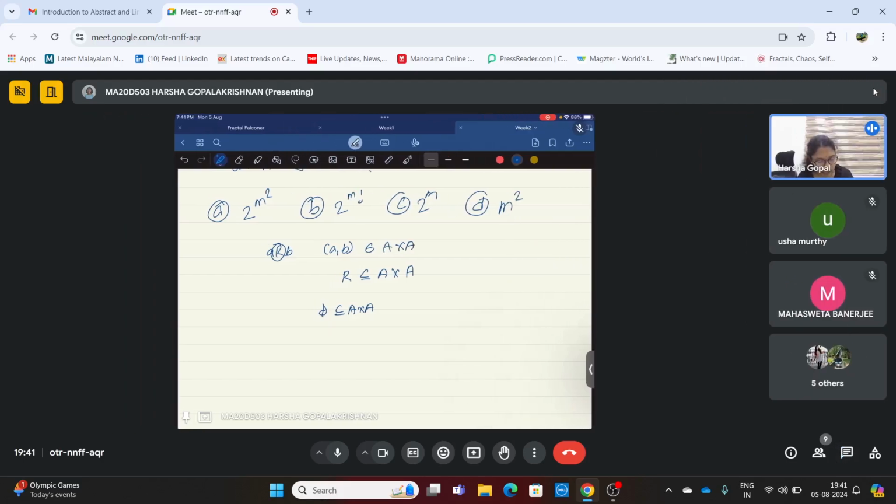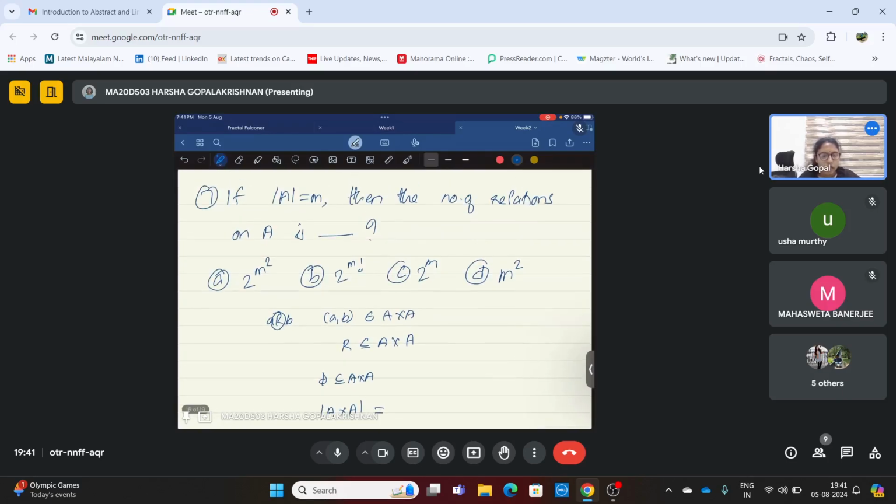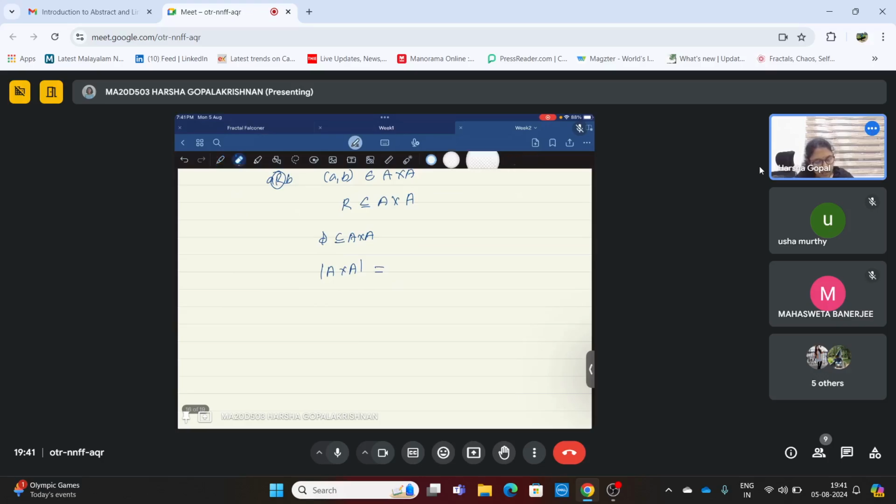What is the cardinality of A cross A? How many elements are there in A cross A? A has cardinality m. What is A cross A?